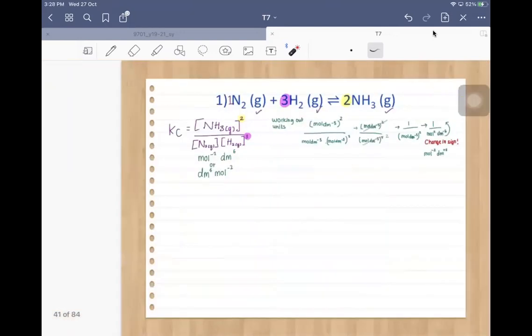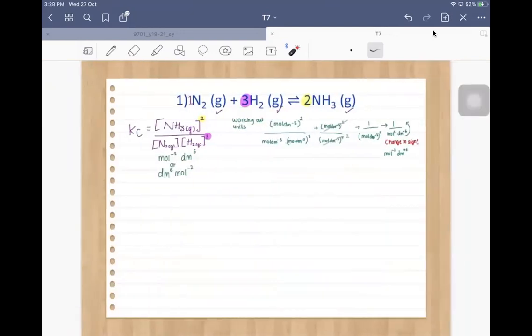You've also learned how to write down the expression of Kc. Now, I noticed that yesterday I accidentally wrote it as Kp for the equilibrium constant in terms of concentration. Whenever you see the square bracket, that indicates concentration. And whatever is inside the bracket indicates the concentration of that species.